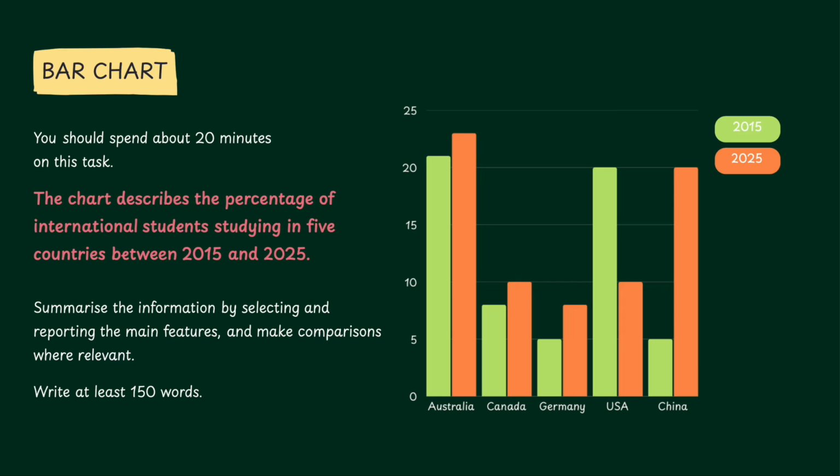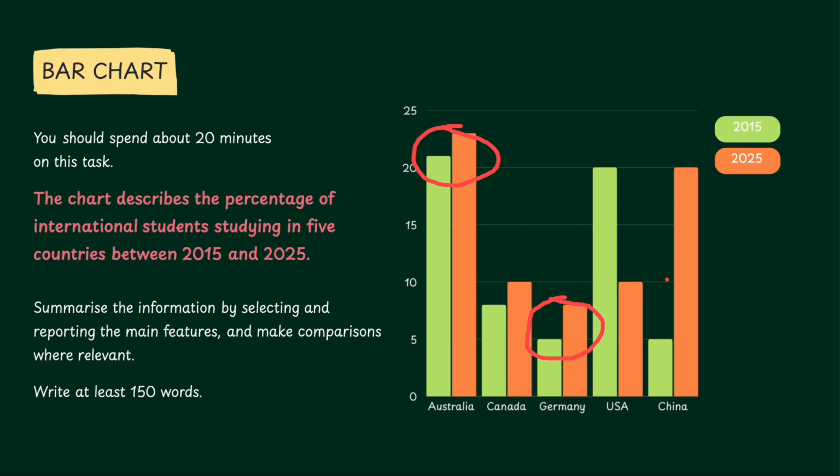So let's take a look at the data together. And now let's try to analyze the data together. So from the chart, we can see that Australia was the most popular study destination. Meanwhile, Germany was the least popular.